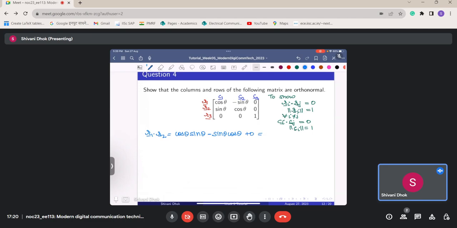These first two terms get cancelled, so this is simply equal to 0. Okay.